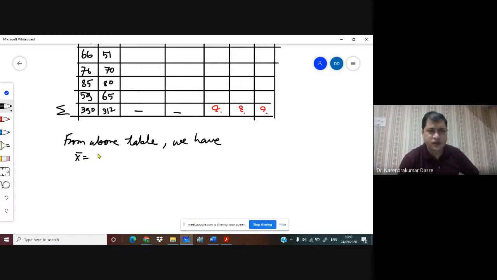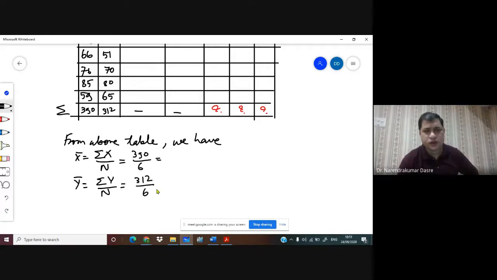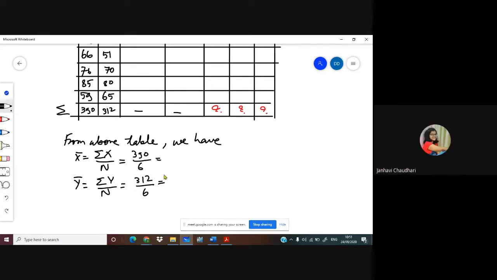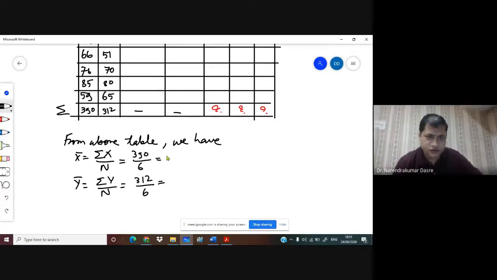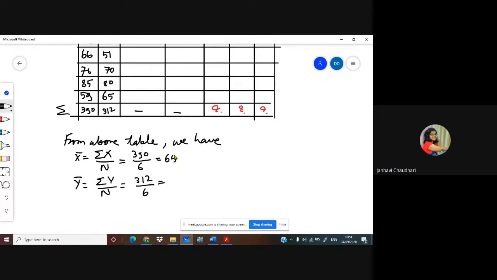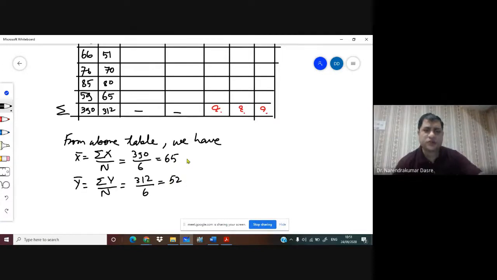So x bar is equal to summation x upon n, and that is 390 by 6. So calculate this, and y bar is equal to summation y upon n, and this is 312 by 6. So what is this going to be? 65, sir. Yes, 65, and 52. That's great.